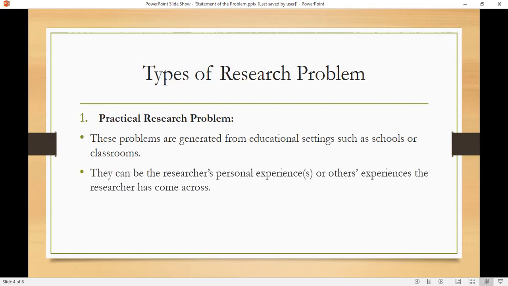They can be the researcher's personal experiences or others' experiences the researcher has come across. You can write a statement of the problem which starts with your own personal experience that you have faced as a teacher, or you might have faced as a student. Or it can also come from others' experiences. We will see examples for both of them in the upcoming slides.